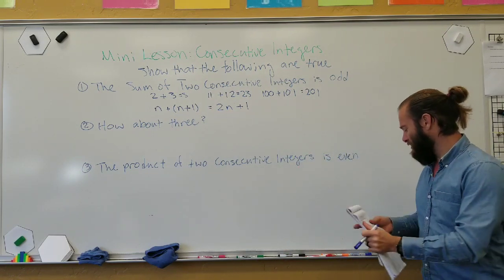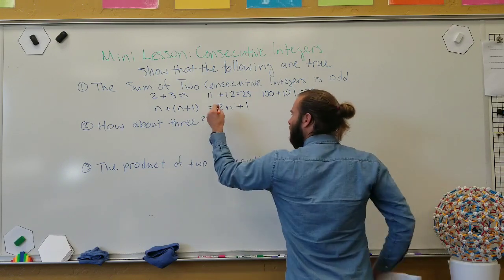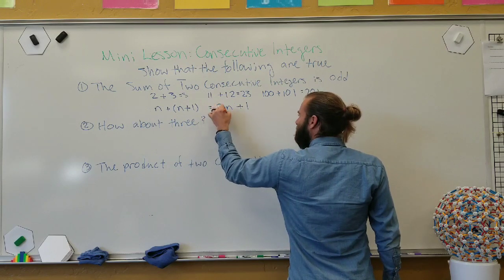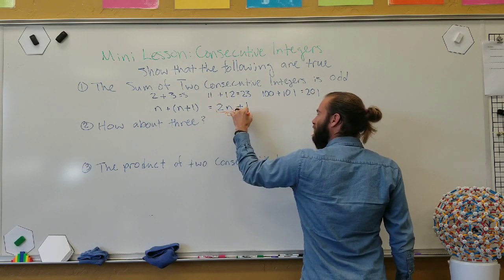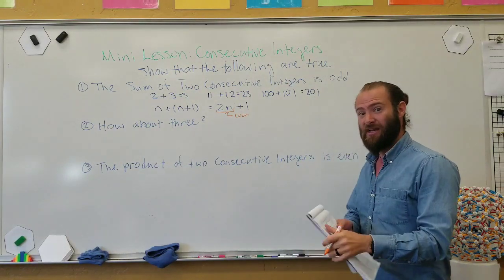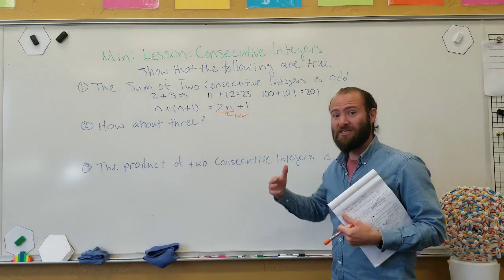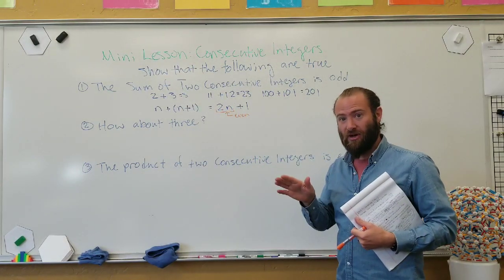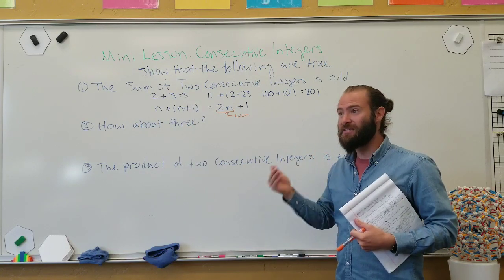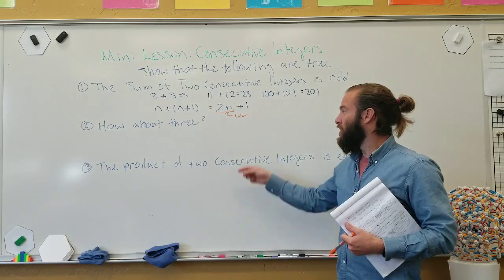What does this tell me, though, about answering the question? Well, let's remember something. Anytime something's multiplied by 2, that means it's even. I want you guys to remember that fact, right? Remember that n itself is an integer. And anytime I have an integer and it's doubled, it's always an even number.